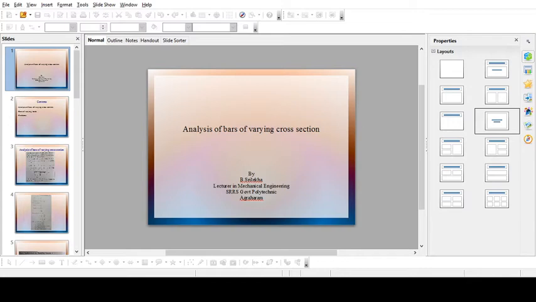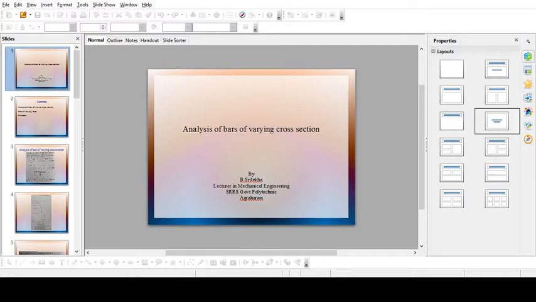So in today's topic we are going to take two or more bars of varying cross section, something like which we get by making use of step turning. If any objects are formed by means of step turning, how would you analyze the stress and strain in such kind of specimens?